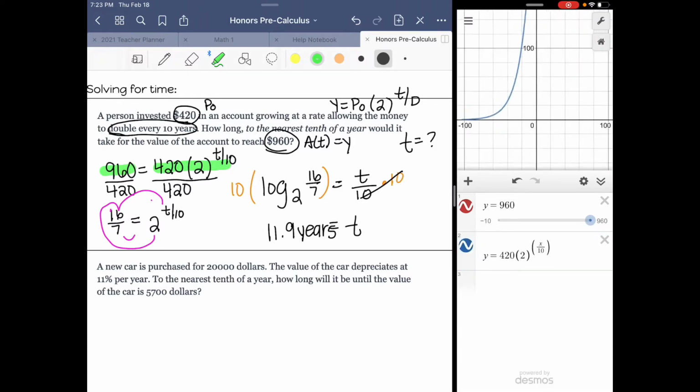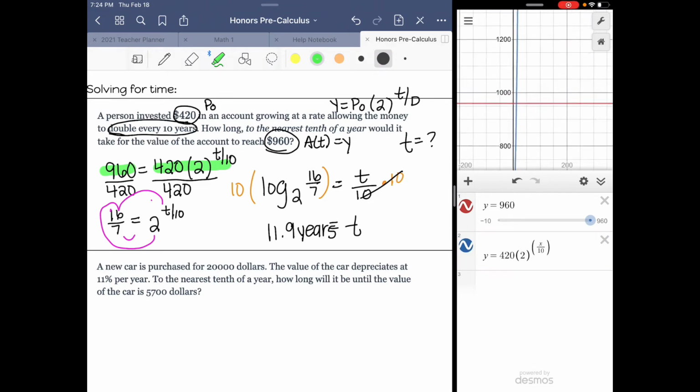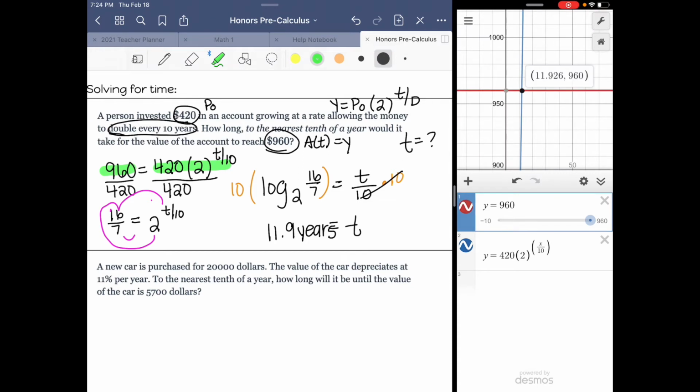You can find the intersection here, so keep scrolling out until you find it. The answer is the x value, which we can see is 11.9. So you're basically creating a system of equations, the left side equal to the right side, and solving.